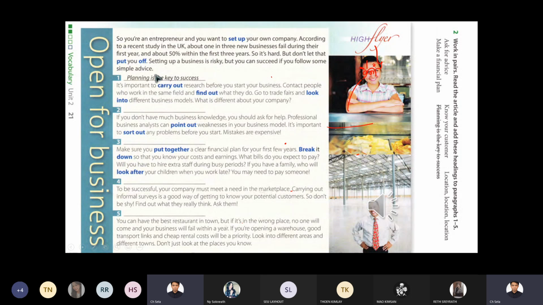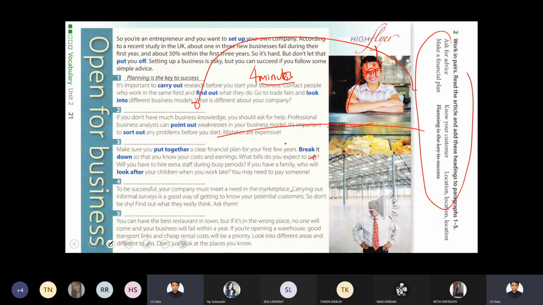Right now, I want you to read the whole article by yourself, and then complete the headings. I give you 4 minutes to read and complete this down here.